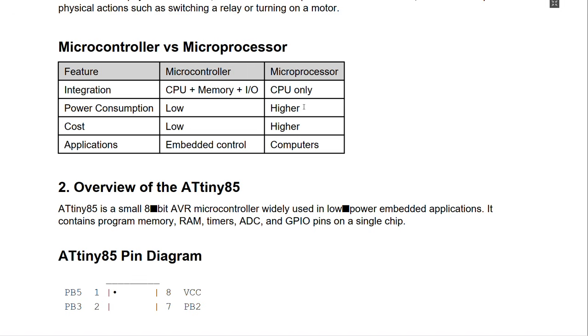Let's say your laptop, because it handles very many tasks as compared to a microcontroller. A microprocessor can have very many unrelated tasks running at the same time. These tasks consume a lot of power. So you'll find that modern laptops use, let's say, a 65 watt charger, or an 85 watt charger.